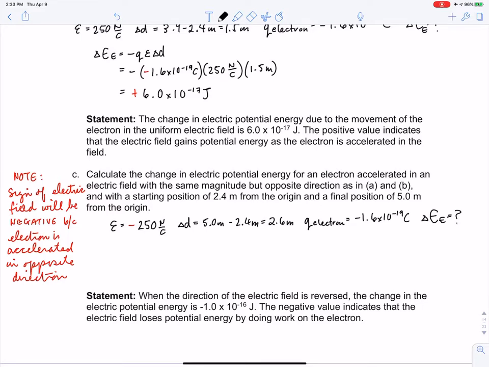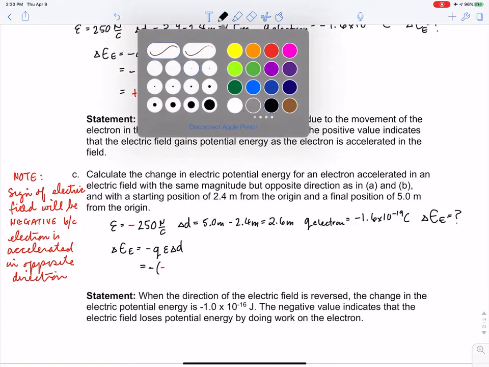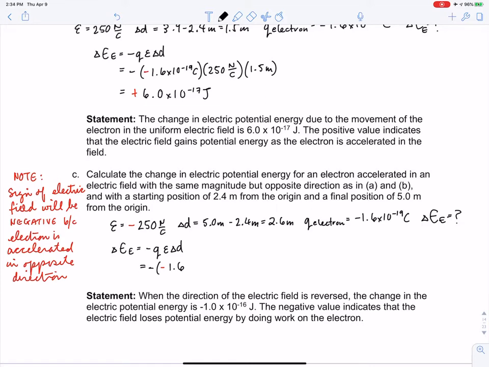Using the equation from up above, it's equal to negative q E delta d. That's negative. And we're going to make sure we have our values in the proper sign. Negative 1.6 times 10 to the power of negative 19 coulombs.